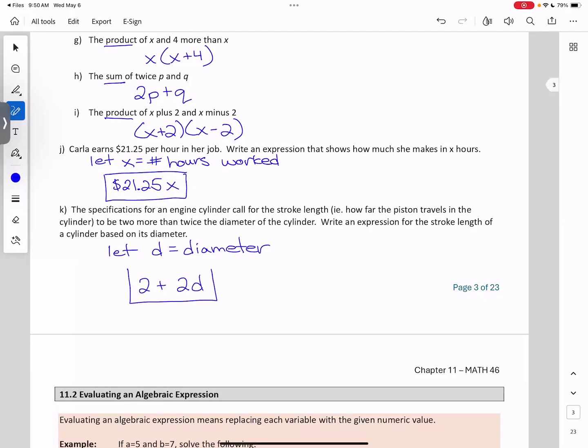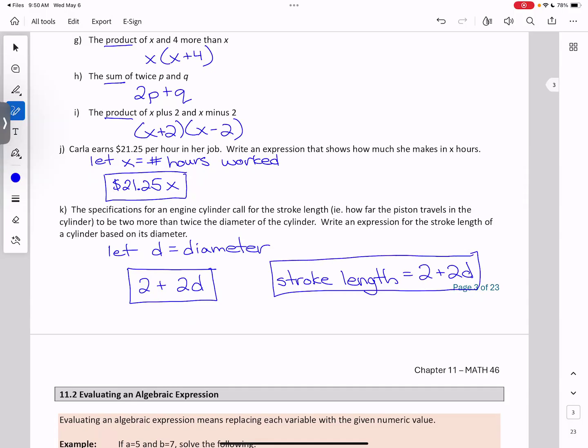So this would be my expression that tells me what the stroke length is. You might have noticed I struggled a little earlier there because I really want to put it in an equation. If I put that in an equation, it would be stroke length equals 2 plus 2d. Okay, because my expression for what the stroke length is 2 plus 2d.